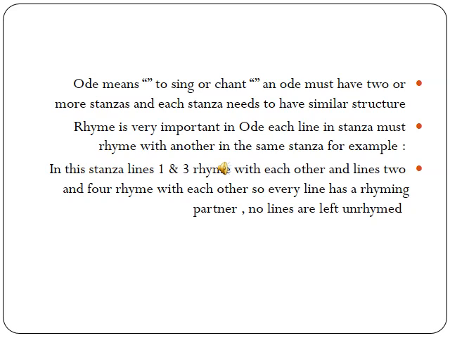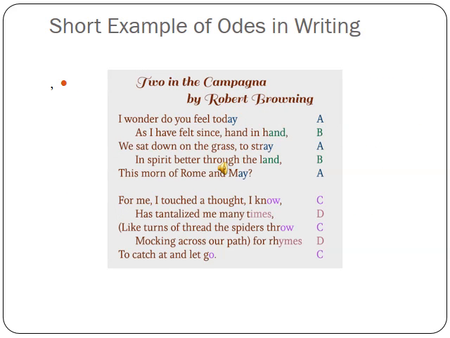Okay, we will see the next example of ode, and we will discuss it together. So this is the example of ode. As I told you, an ode is to sing or chant by using an instrument.